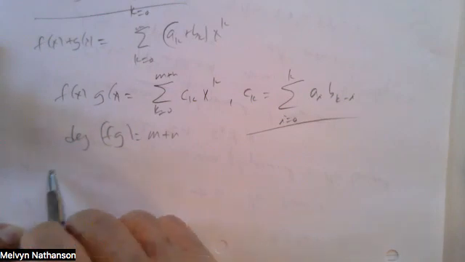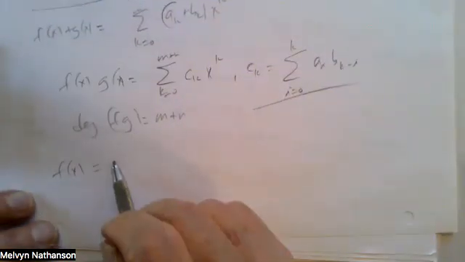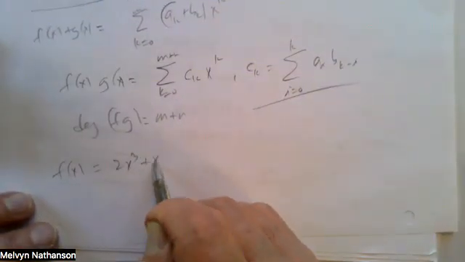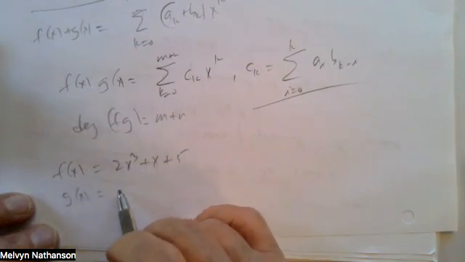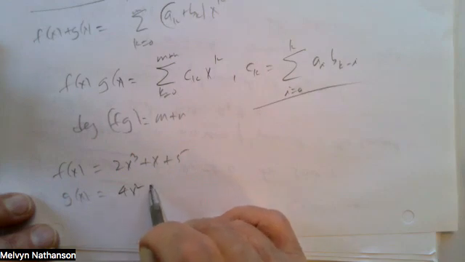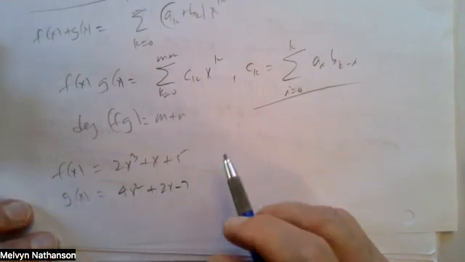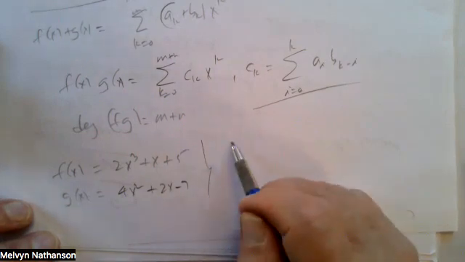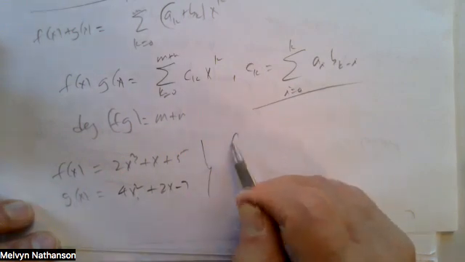So for example, if f of x is, let's see, what was the example I just had? Doesn't really matter. F of x is 2x cubed plus x plus 5, and g of x is 4x squared plus 2x minus 7, and you want to multiply them. This has degree 3, this has degree 2.